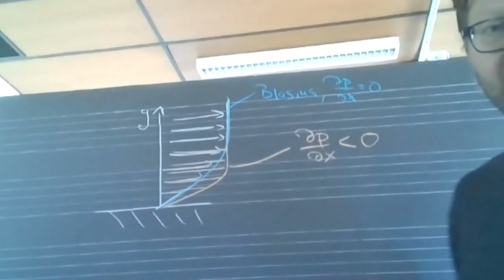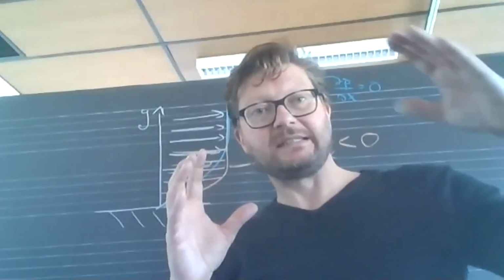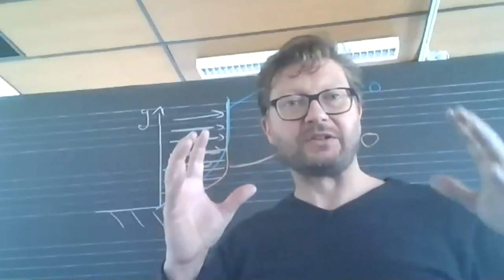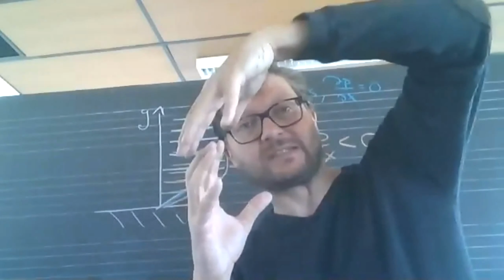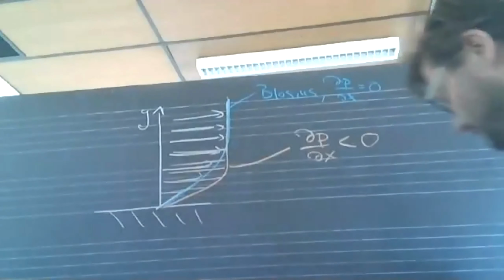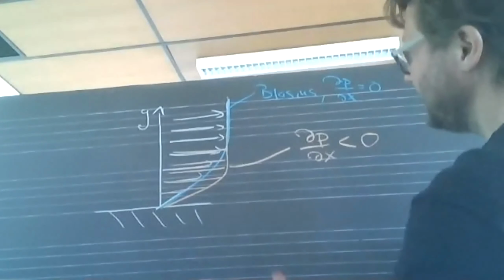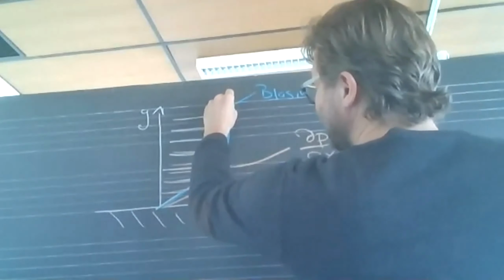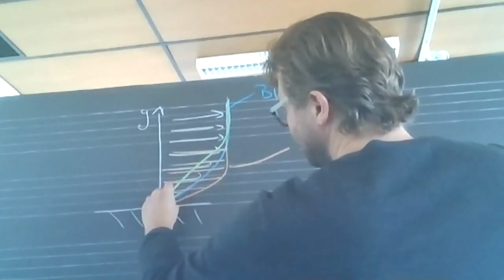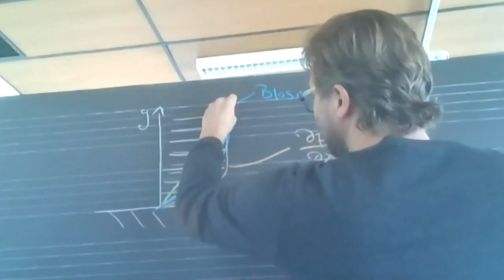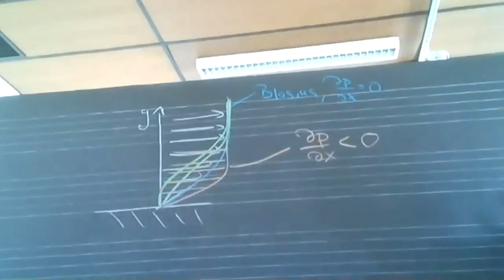In the opposite case, and we have seen on the previous slide, this is the acceleration on the upstream side of an object. On the downstream side, we're decelerating the flow. The boundary layer is doing something quite special. It gets an inflection point. And that inflection point becomes more and more extreme.